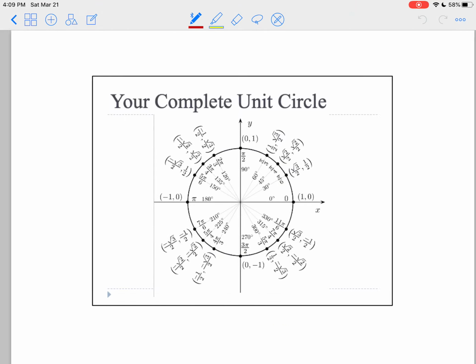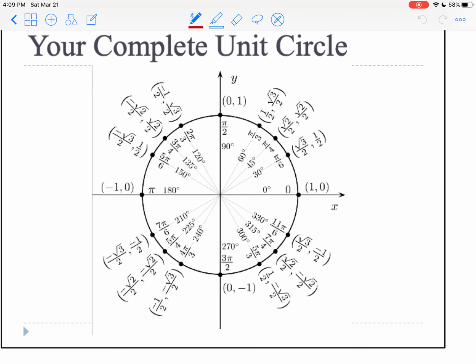And if we keep doing this, if we keep going around, we get this complete unit circle, which I have here for you. And you can see these values are exactly what I just showed you, and these are always true, and these all come from these special right triangles that were created, and we just did a little bit of geometry with it.